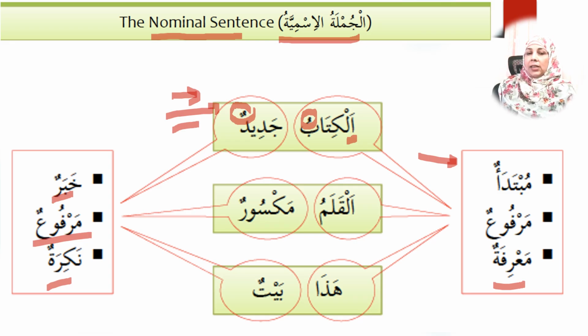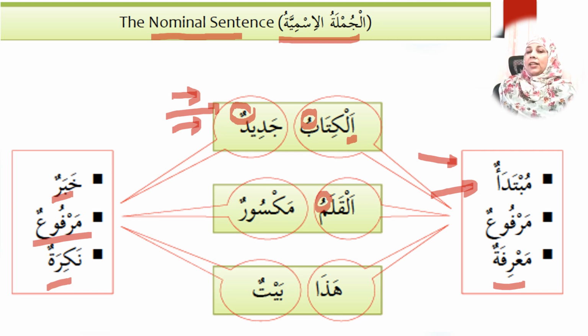Okay, it is indefinite. So the next sentence is al-qalamu maksurun. The pen is broken. Again, please pause the video and try this on your own. So what can you tell me about al-qalamu? It is the mubtada, the pen. It is marfu'un, as you can see it ends with a dhamma.